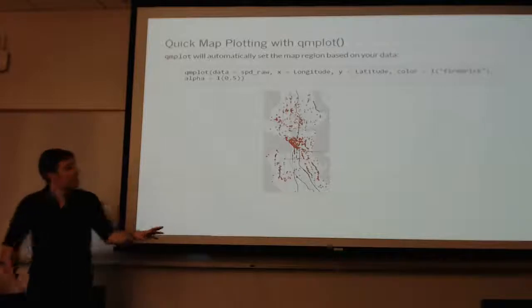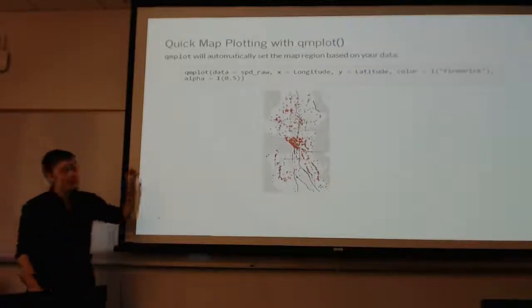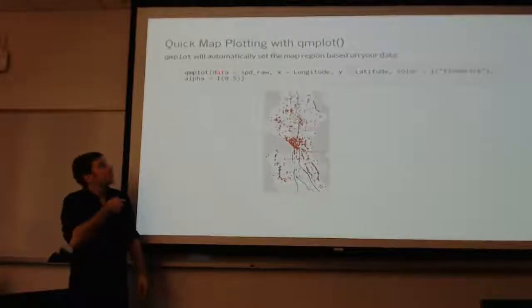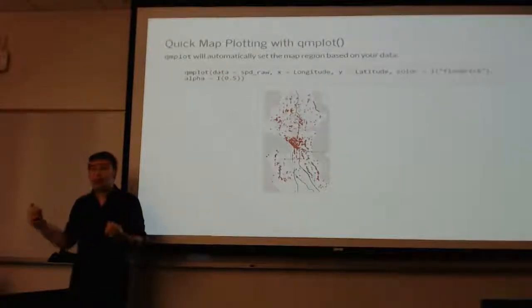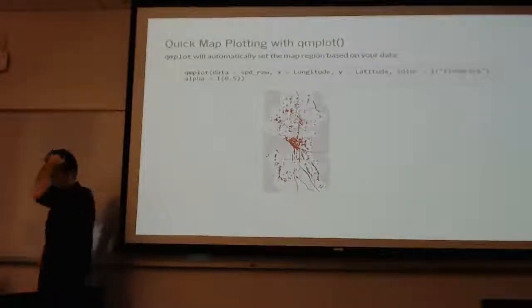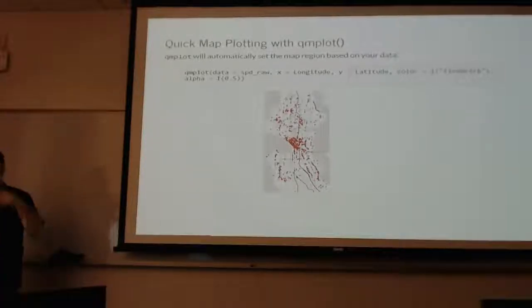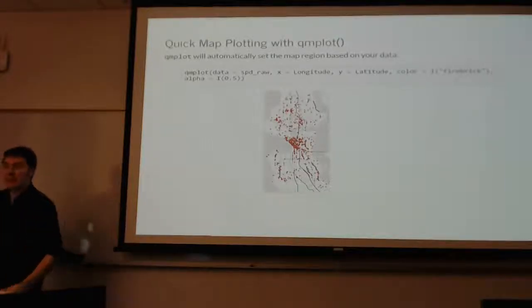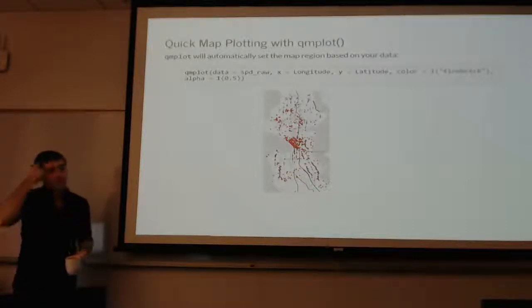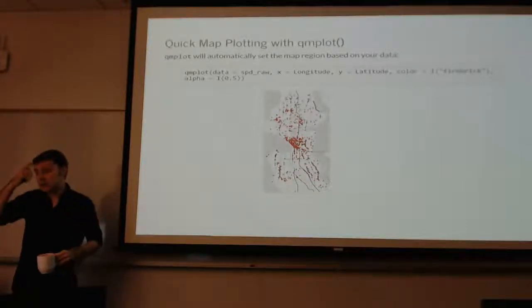So you see I gave it essentially no options here, and it printed a pretty nice point map of all of those incidents. So qmplot is just quick map plot, has great defaults, spits out something that looks pretty good. You can give it additional options if you do ?qmplot in the ggmap package. You'll see that it can take a lot of options, but by default, it puts out kind of nice maps for just scanning and looking at your data. Right?